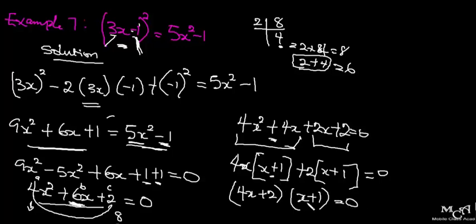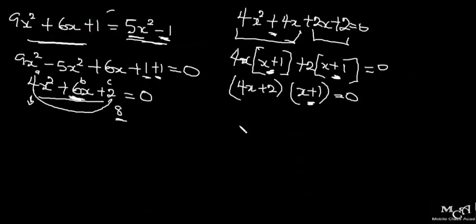Remember, we got our x plus 1 from here. We have the same value in the first bracket and in the second bracket, so we pick one. That's how we arrive at this. Now, what are we going to do next? We equate this expression and this expression to 0. We have 4x plus 2 equals 0, or x plus 1 equals 0. We want x to stand alone.